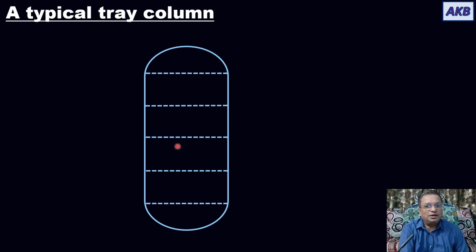That is, on each tray, the two phases come in contact with each other. Mass transfer occurs between them, and then they are separated. While they are separating, they are close to equilibrium. Feed is admitted in the column on a tray that is located more or less at a central position. That tray is called the feed plate.